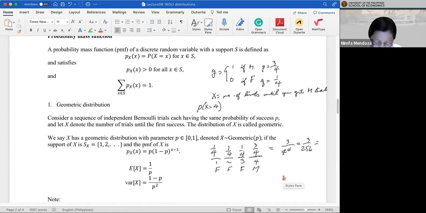So the probability is 0.011719, or approximately 0.012, or 1.2%.